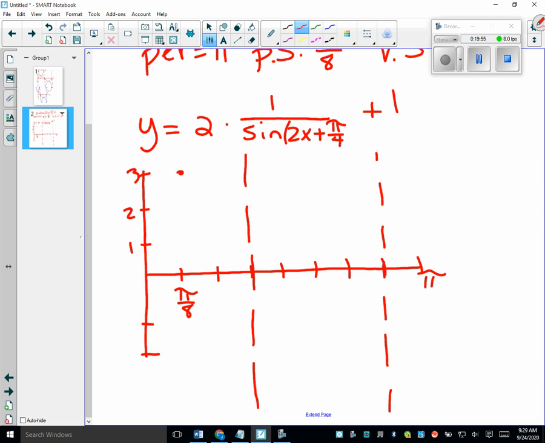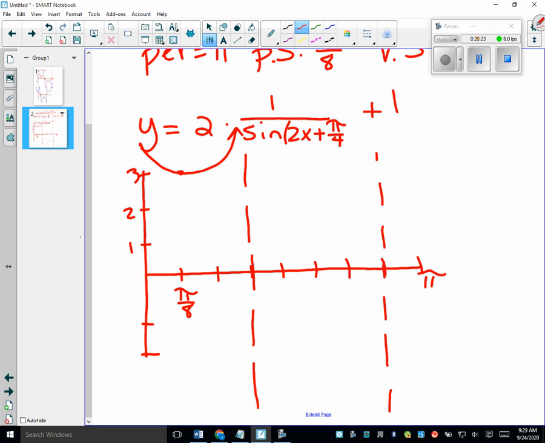You're at 3.828. You can get pretty close to 3.8. So maybe about right here is where it starts, and then it does this. Everybody okay with that?